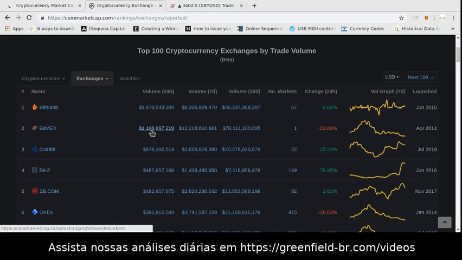So what we have here is a displacement of trading from BitMEX to Bithumb. Also Binance, that usually was in third place with 600 million, disappeared from the screen. And Coinbit, that had gone away, is now back, and OKEx, that was usually in fourth position, is now ranked sixth.